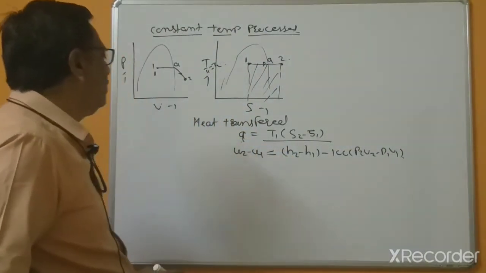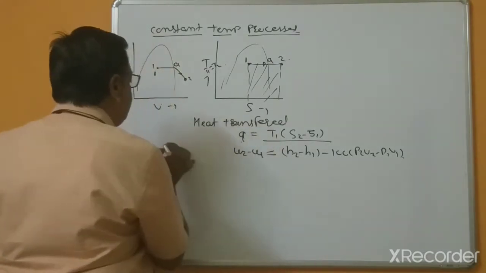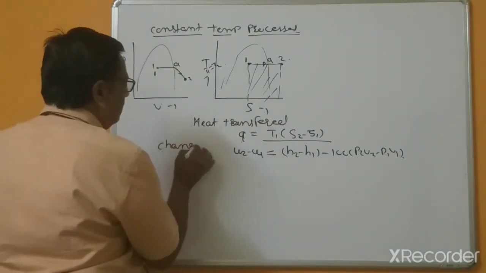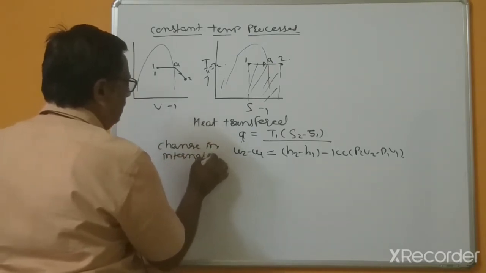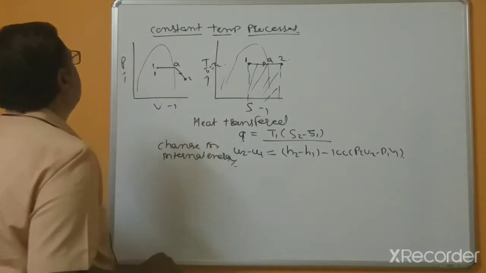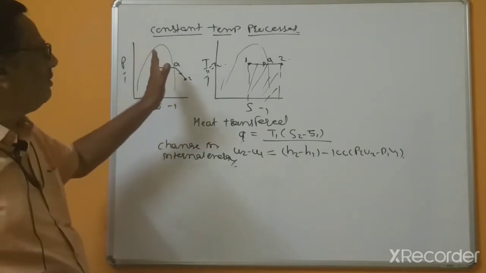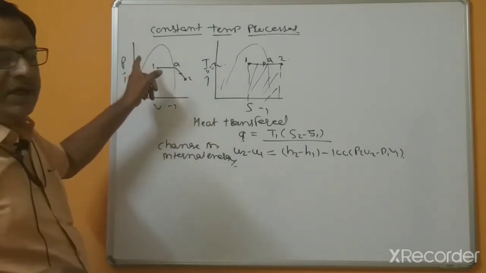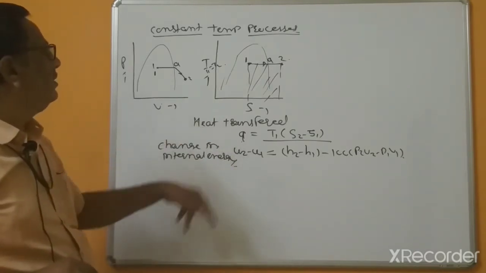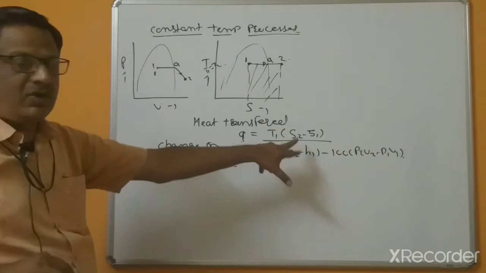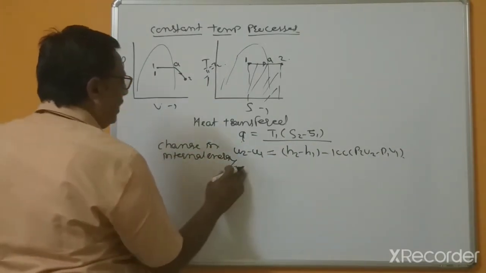By using this formula, you can calculate the change in internal energy. In this case, the addition of heat at constant temperature means this is the isothermal process. So heat transferred you can calculate by using this entropy difference formula, and this is the change in internal energy.